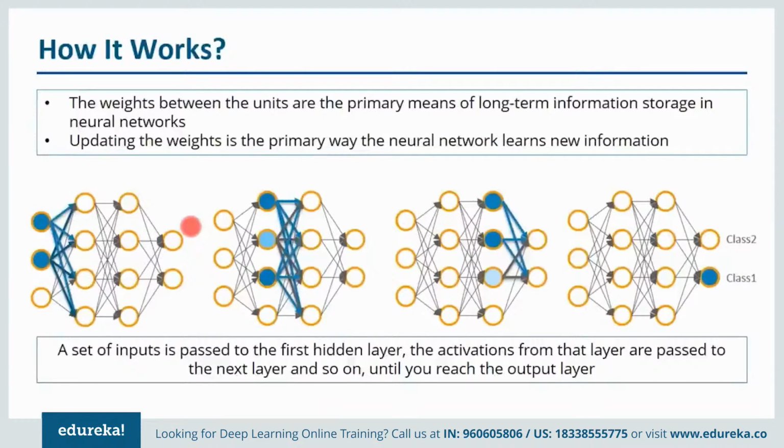The backpropagation algorithm helps the model learn and update the weights in order to increase the efficiency. This process from the input layer to the output layer is called the feed forward process. And when we backpropagate in order to increase the accuracy so that we can update the weights, that is called backpropagation. We'll understand backpropagation in more detail. So let us move forward and understand what exactly backpropagation is.